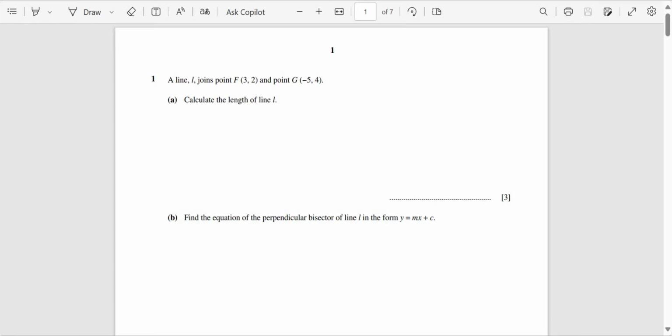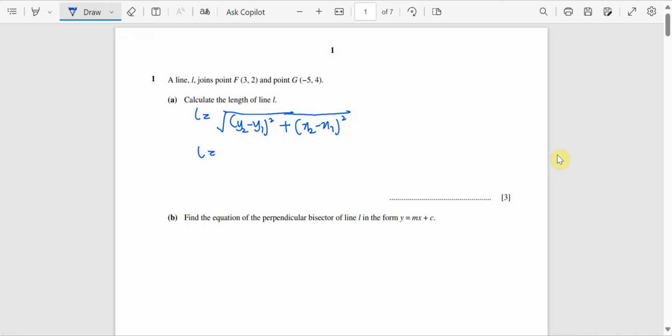A line L joins point F (3, 2) and point G (-5, 4). The first question says we should calculate the length of line L. So let's go. L equals the square root of (y2 minus y1) all squared plus (x2 minus x1) all squared.